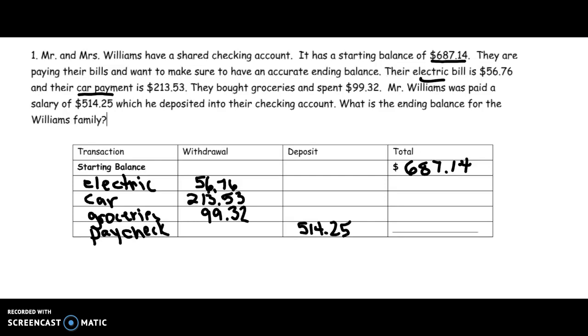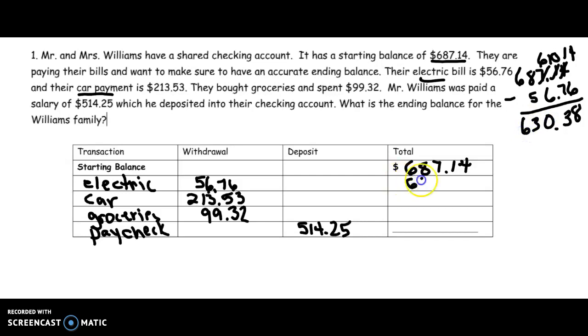Okay, so I'm going to start with their beginning balance of $687.14. I'm going to subtract their electric bill. So subtracting their electric bill, after they pay their electric bill, they have $630.38. And then they need to pay their car payment.